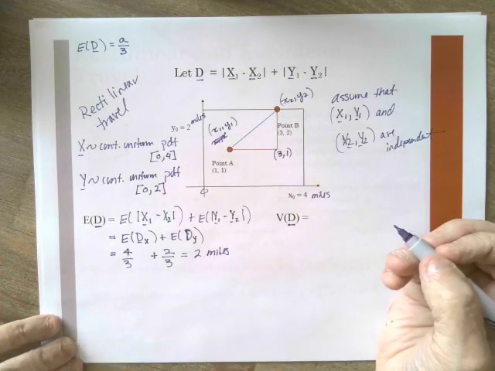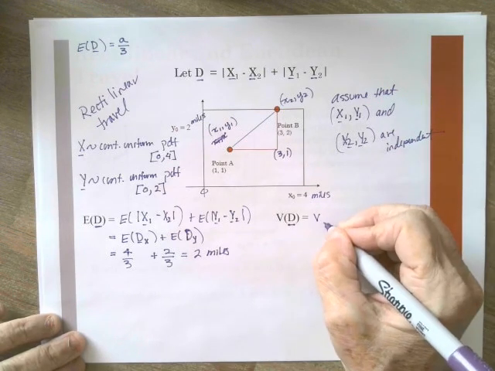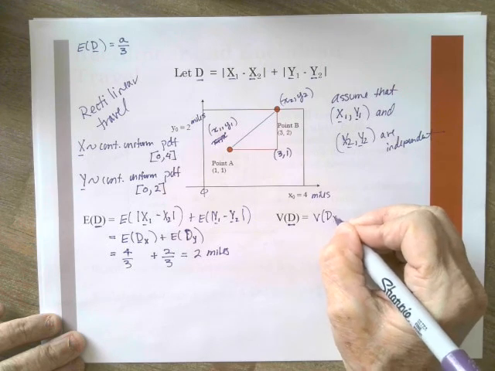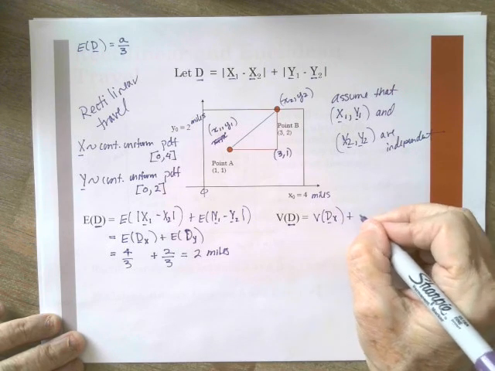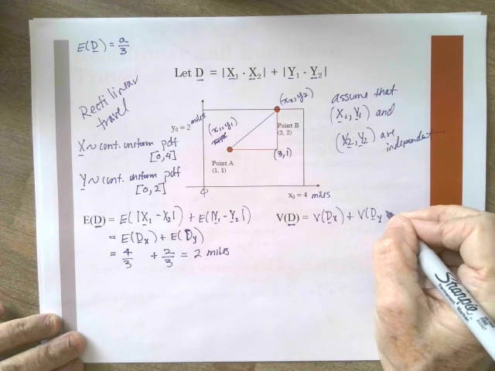So the variance of the distance between A and B then, how can we get that? Well, that's just going to be the variance, because they're independent, of the distance in the x direction plus the variance of the distance in the y direction.